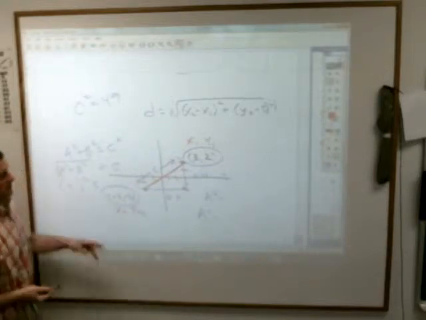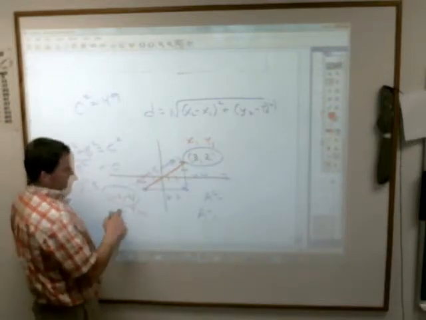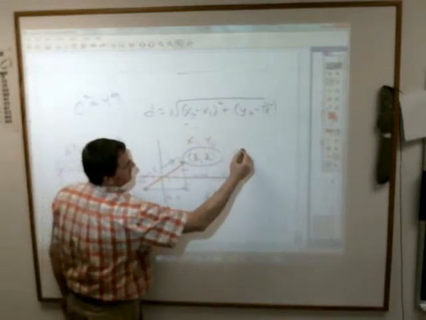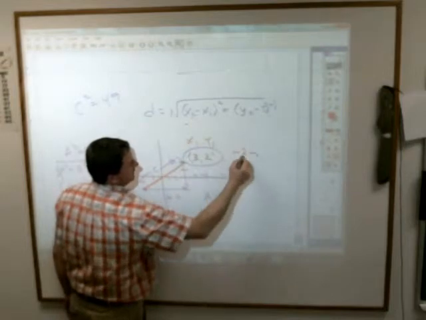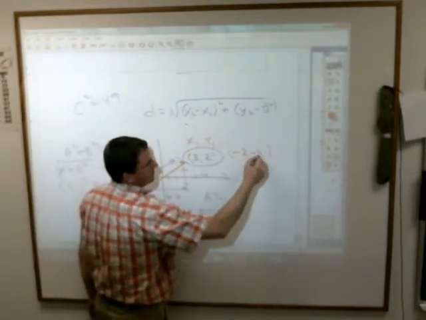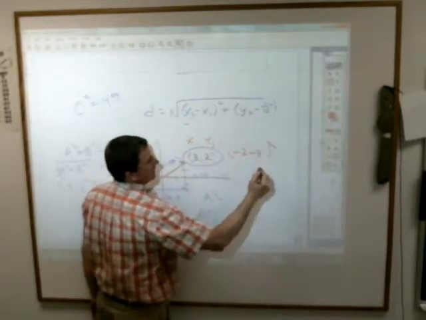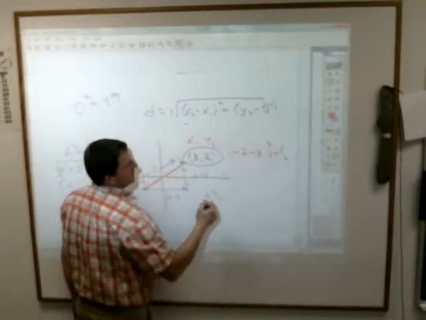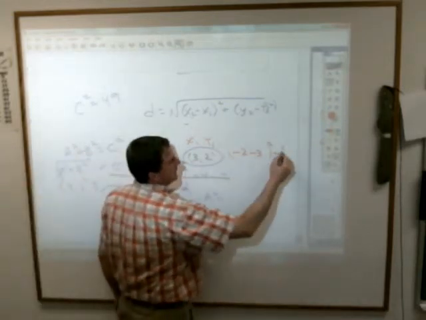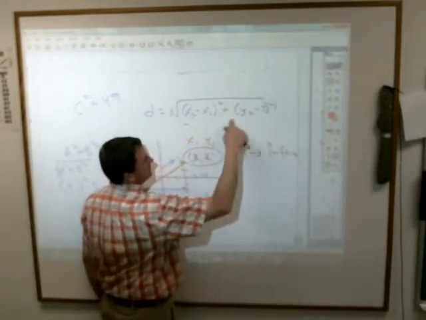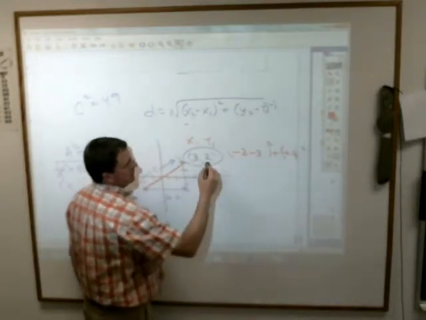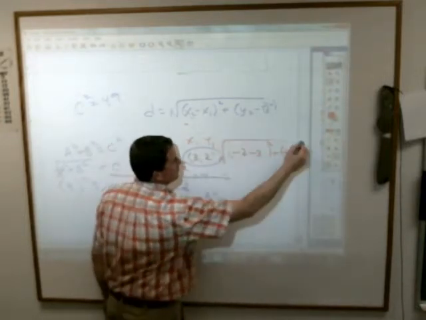And you just plug the points in. X sub 2 was negative 2, negative 2 minus x sub 1 is 3, correct? And we're going to square that, plus, what's my y's? Y sub 2 was negative 2 minus 2 squared, and that's all going to be the square root of.